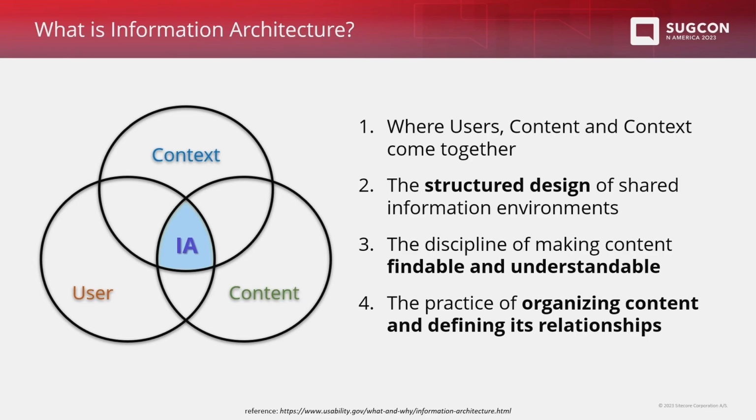It's the discipline of making content findable and understandable, and this one is super important, organizing content and defining its relationships. Honestly, this is one of the hardest things that you can do when you're addressing your content and its relationships, because as all of you know, there are so many different kinds of contents, and how they are related can often be a little bit fuzzy, so it's going to take a lot of input.